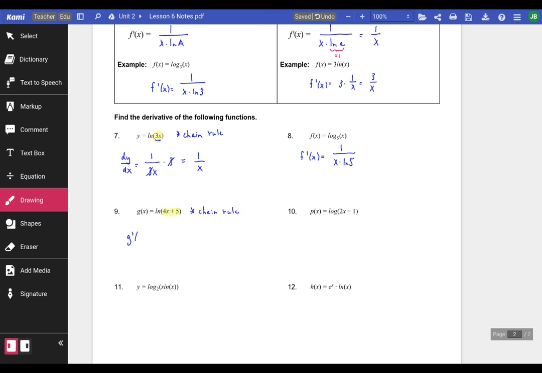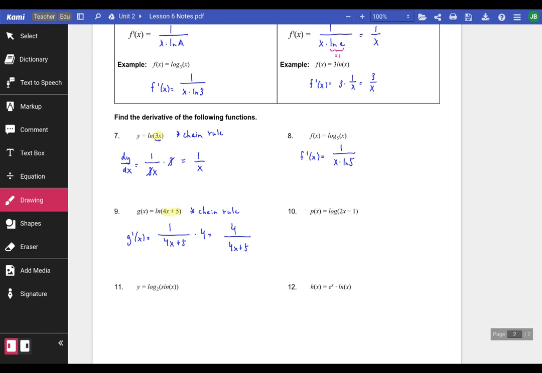So we take 1 over that stuff in parentheses, 1 over 4x plus 5, and multiply by the derivative of that inside, which is going to be 4. So we get 4 over 4x plus 5.